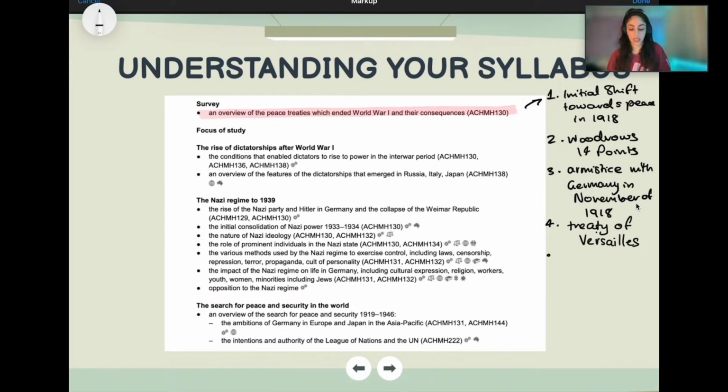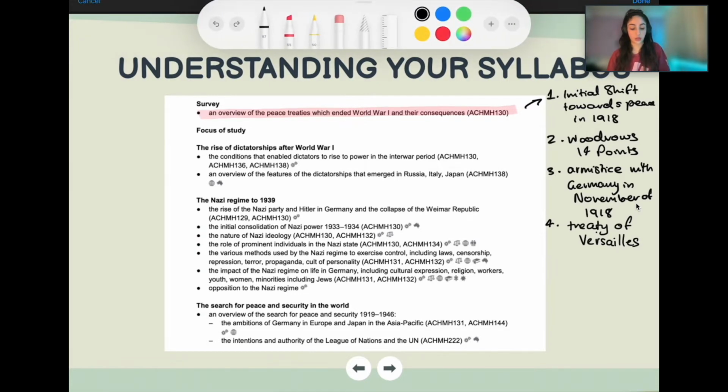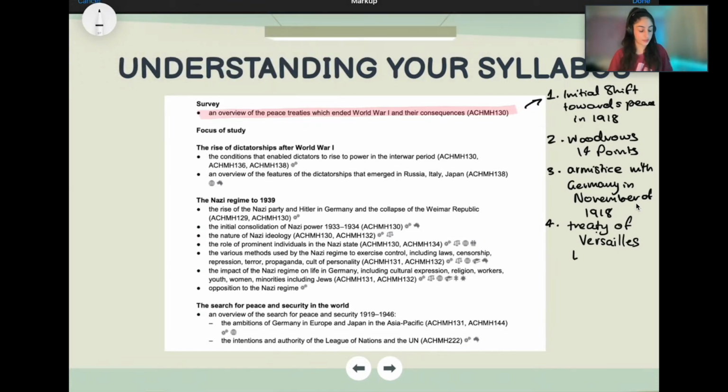We will be especially having a look at the consequences of the Treaty of Versailles specifically. And then finally, we'll be looking at other peace treaties because the dot point clearly says peace treaties.